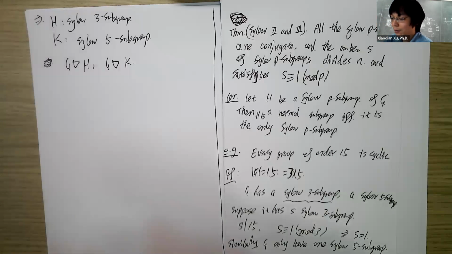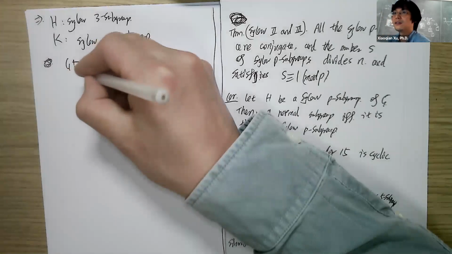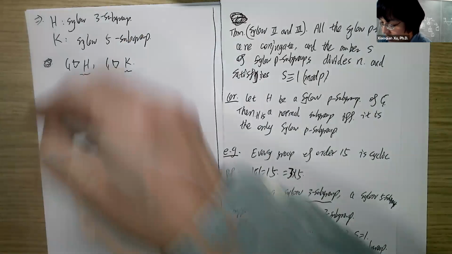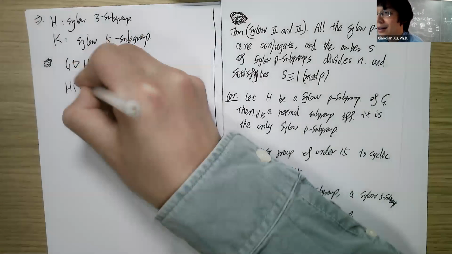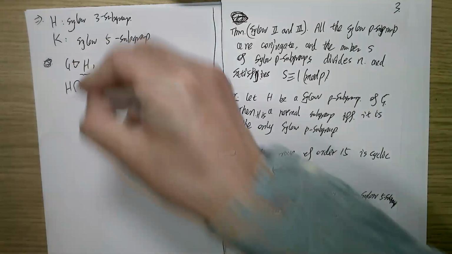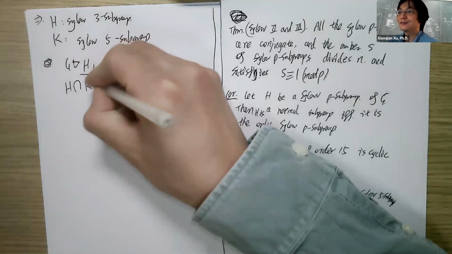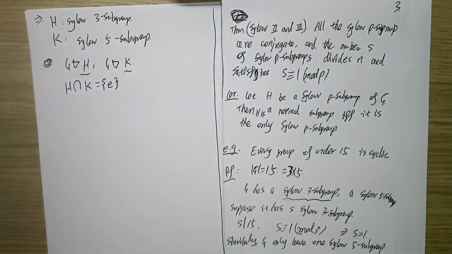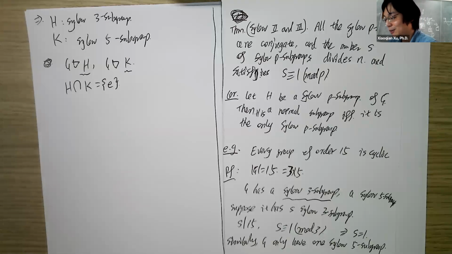Okay, so you have two normal subgroups. What can we say about the intersection of H and K? It's not empty, it must be trivial, right? Yes, it has the identity. Why must it be trivial?